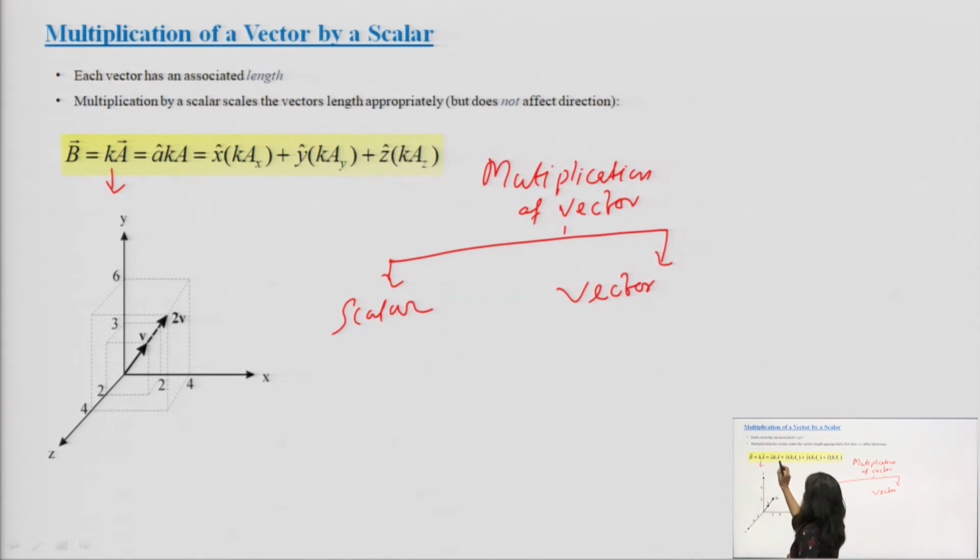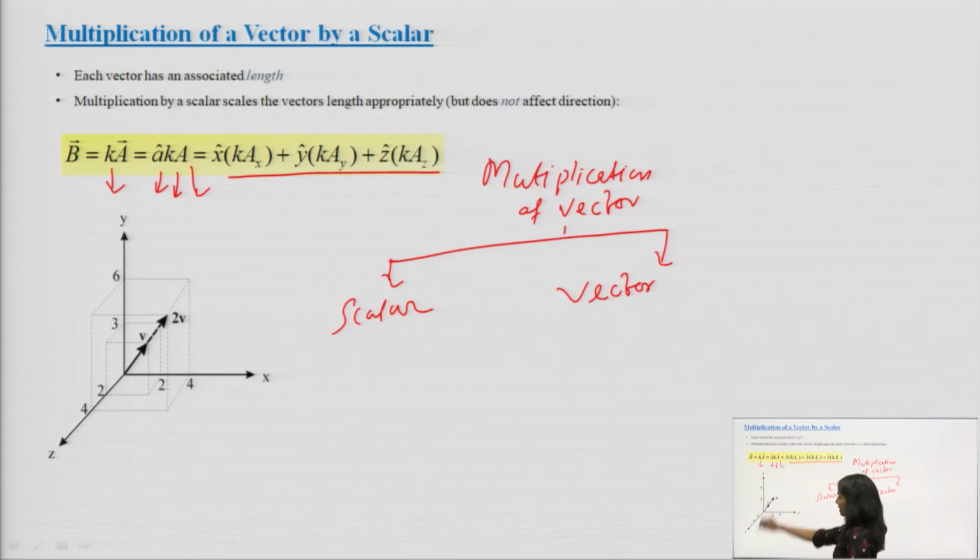Suppose here this is the unit vector, this is the scalar k by which we have multiplied the vector a. This is the magnitude of a. Once we multiply scalar k with vector a, it simply scales the original vector.